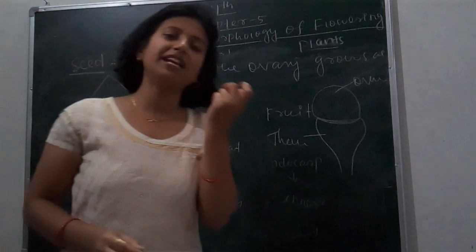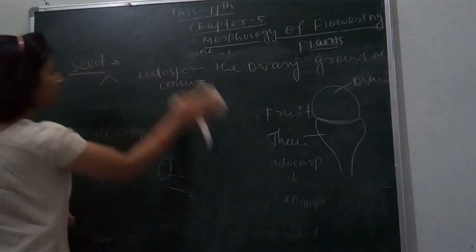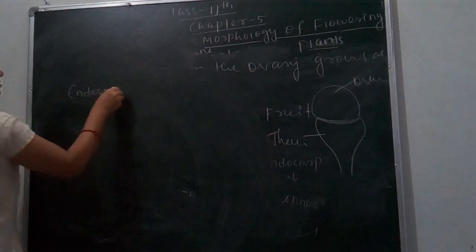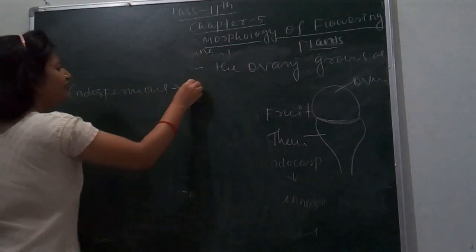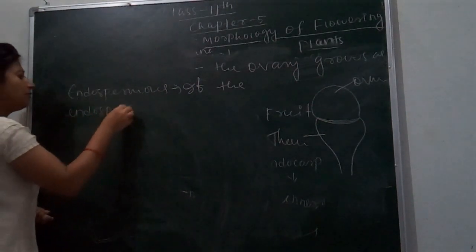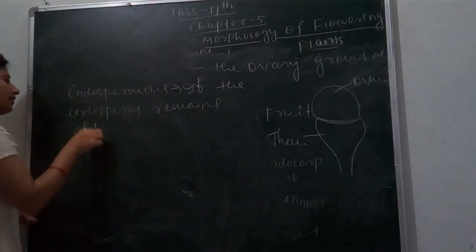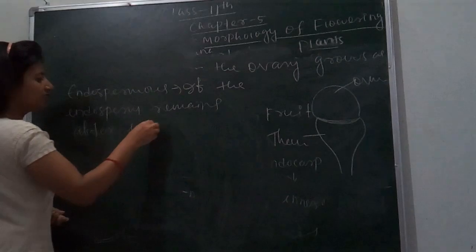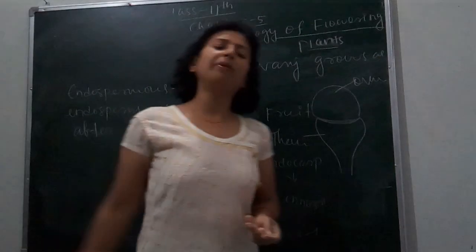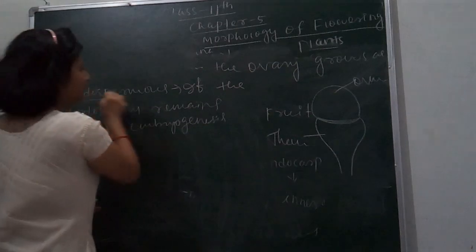Endospermous means if the endosperm remains after embryogenesis, means after embryo formation, if the endosperm is left, then it is called endospermous. If it doesn't remain left, then it is non-endospermous.